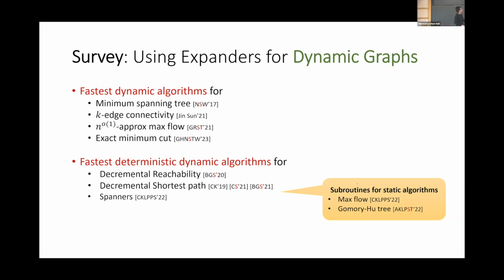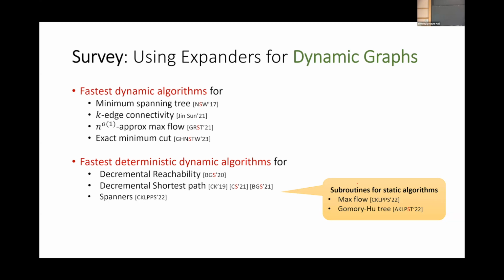Once you get this fast dynamic deterministic algorithm, one of the useful things about a dynamic algorithm is that you can use it as a subroutine inside other, bigger static algorithms. And for these two applications, they were used to get the biggest breakthrough in the last few years.